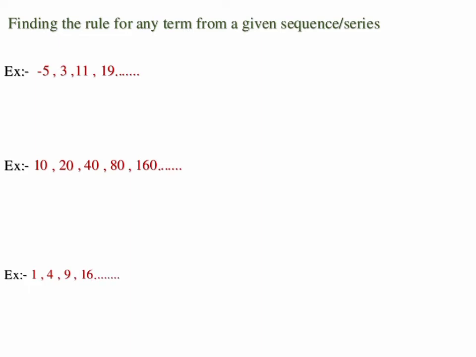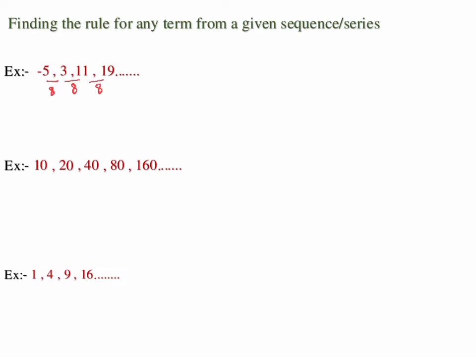So if you observe these two consecutive numbers, you see the difference is plus 8, meaning Tn plus 1 minus Tn is 8. 19 minus 11 is again 8.